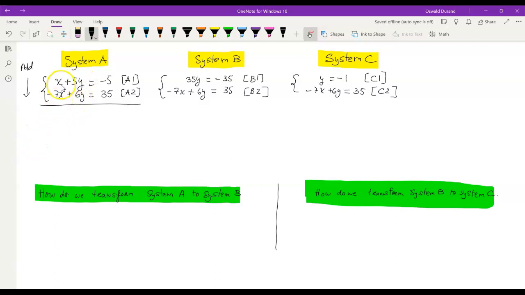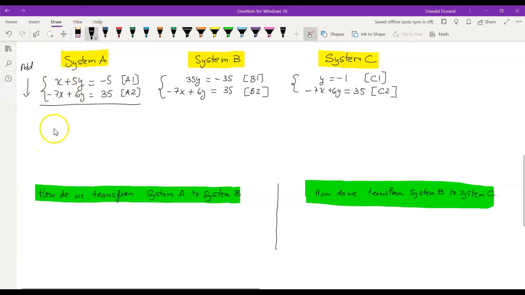But unfortunately here, if I'm adding these two, I get negative 6x, and here I get 11y, right? That's not what we want. We want one of them to be canceled out. Here, nothing canceled out. So what we have to do is find an equivalent equation of one of those two.